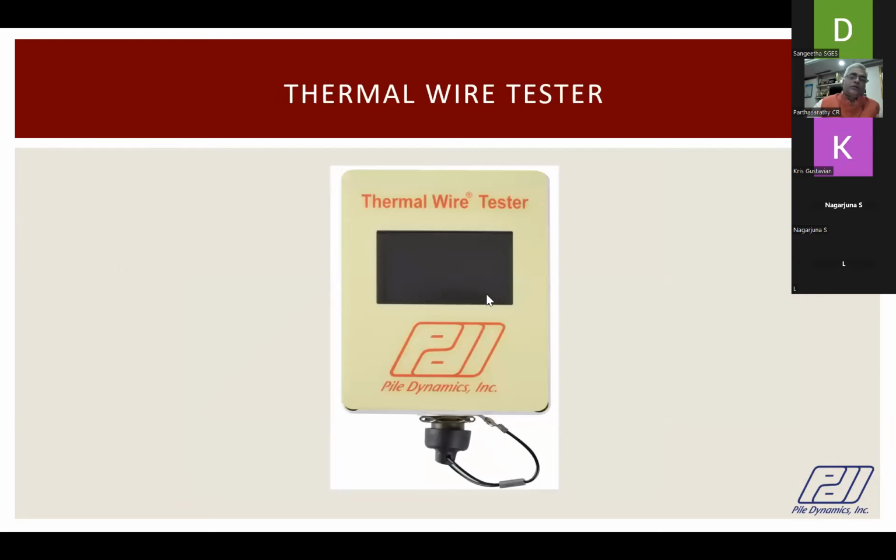Okay. So you also need a thermal wire tester to ensure that the wires are functional. So when do you test it? You can test it when you unroll the cables, before you rig the cables to the reinforcement bar. And after you rig up, you test again. Once the cage is lifted and lowered into the borehole, you test again before pouring the concrete.